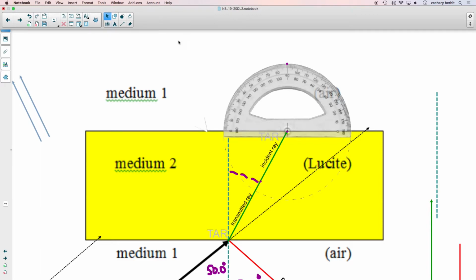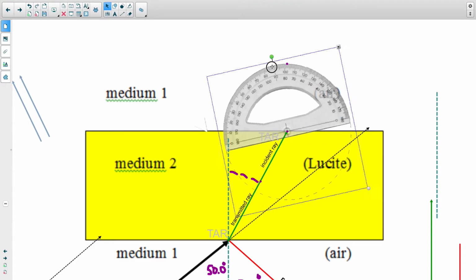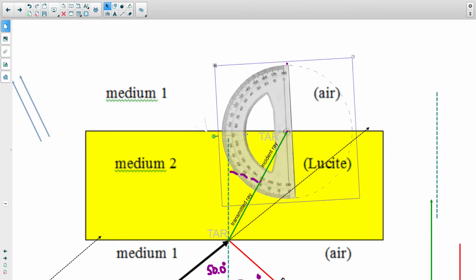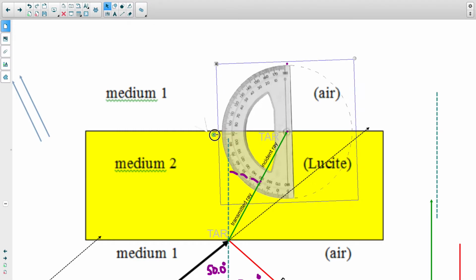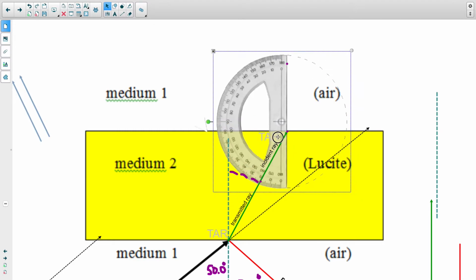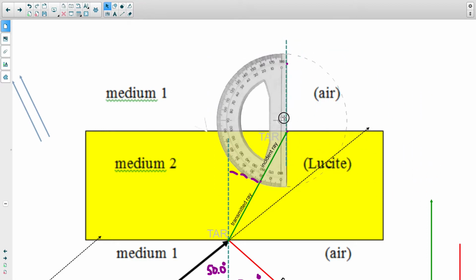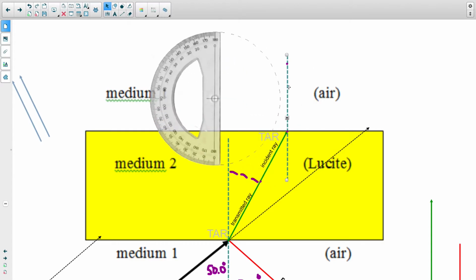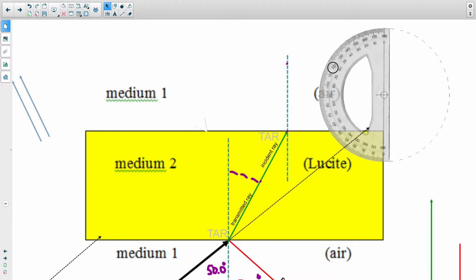You take your protractor, rotate it, use it as a straight edge, and you will draw it. I'll just drag it over here. Put your new normal line in. There we go, the new normal. Good, something like that.